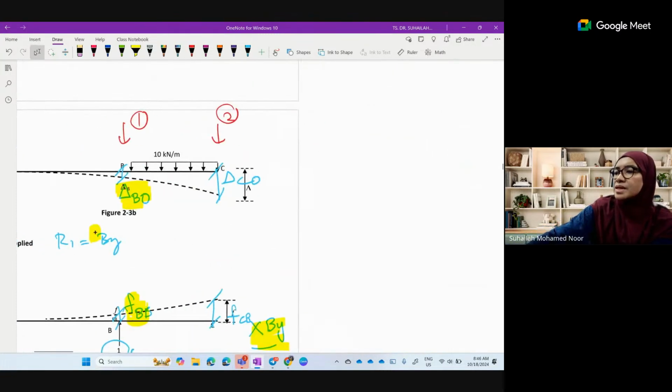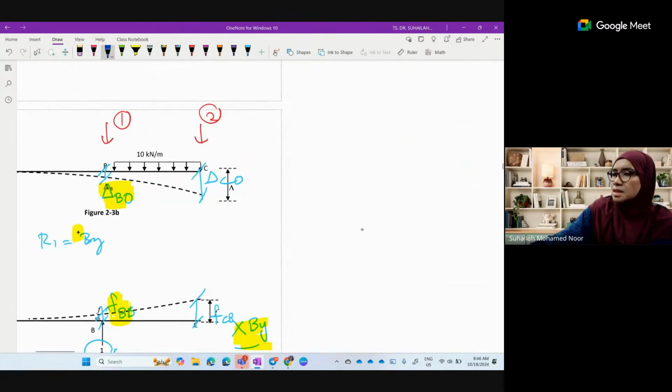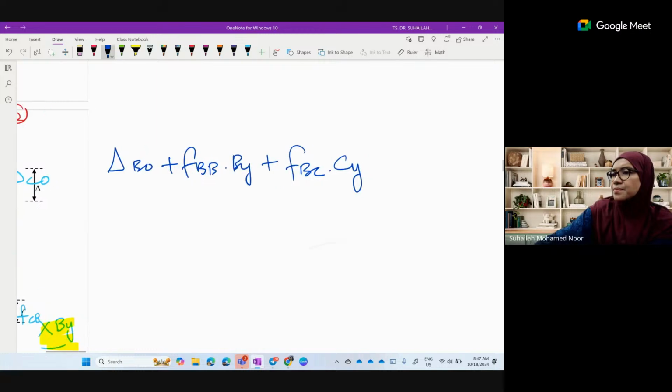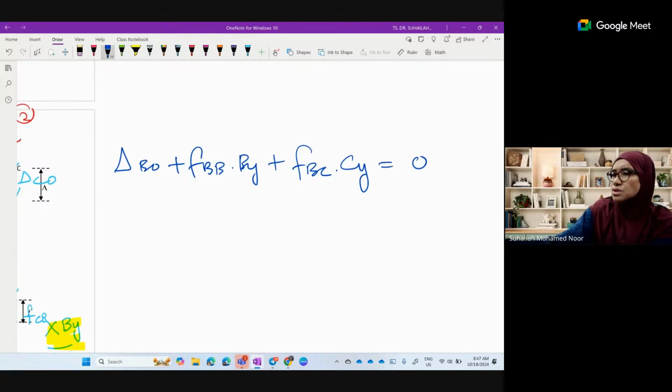So what we get is delta B naught plus FBB BY, kan? Lepas tu plus FBC CY equals to 0. This is equation 1. Okay, so nampak tak kat sini? Cuba tengok. So first notation ni semua refers to position.